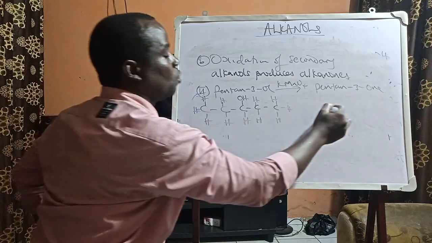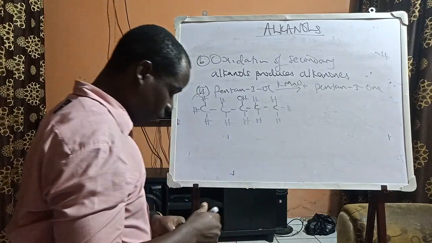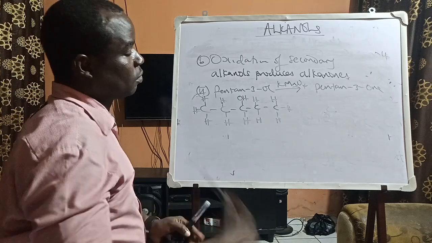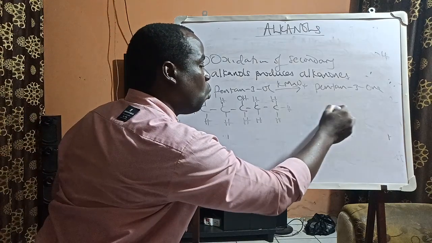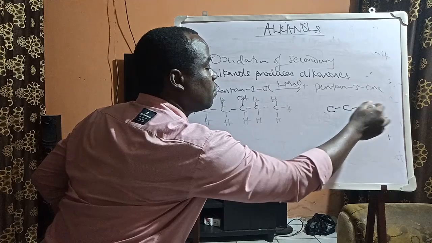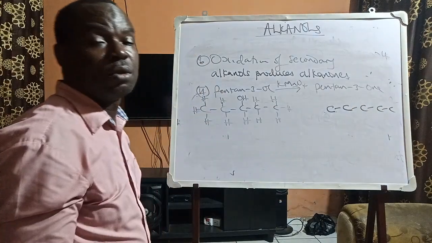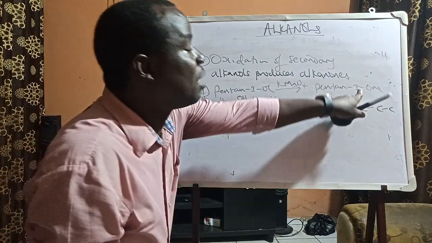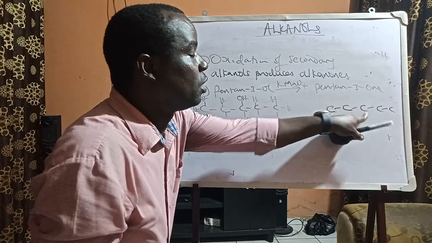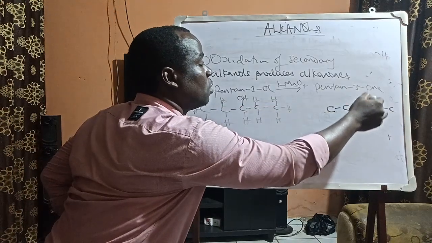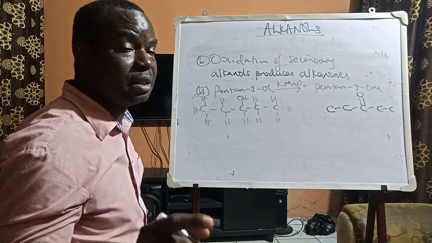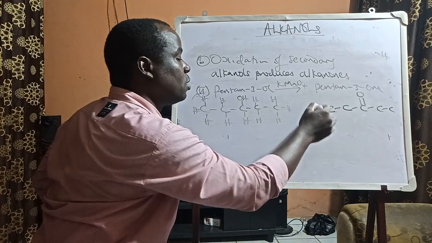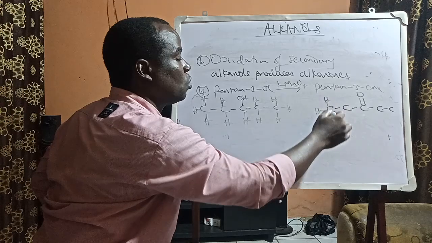How do we do that? 1, 2, 3, 4, 5. Are we together? The 3-one now means on the third carbon atom, 1, 2, 3, you put your O. I told you that this one means O. Don't forget. So here you now complete this. 1, 2, 3.